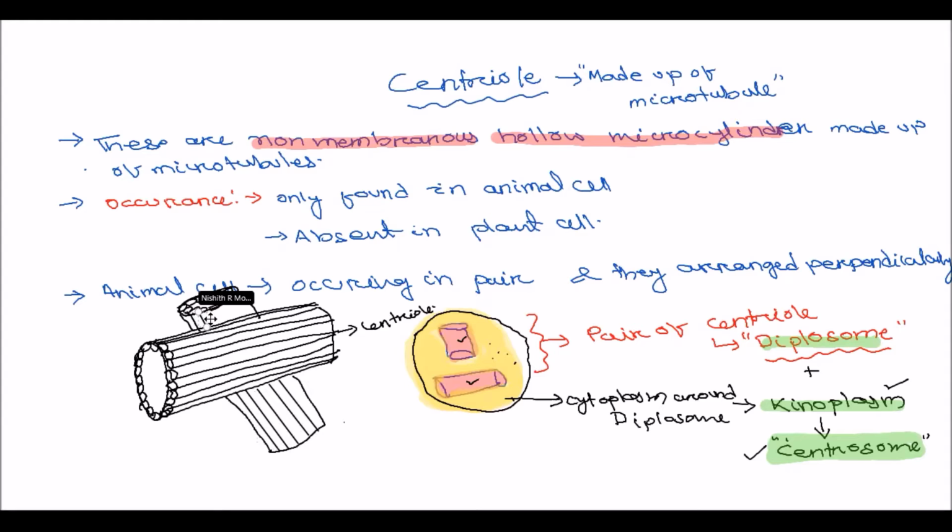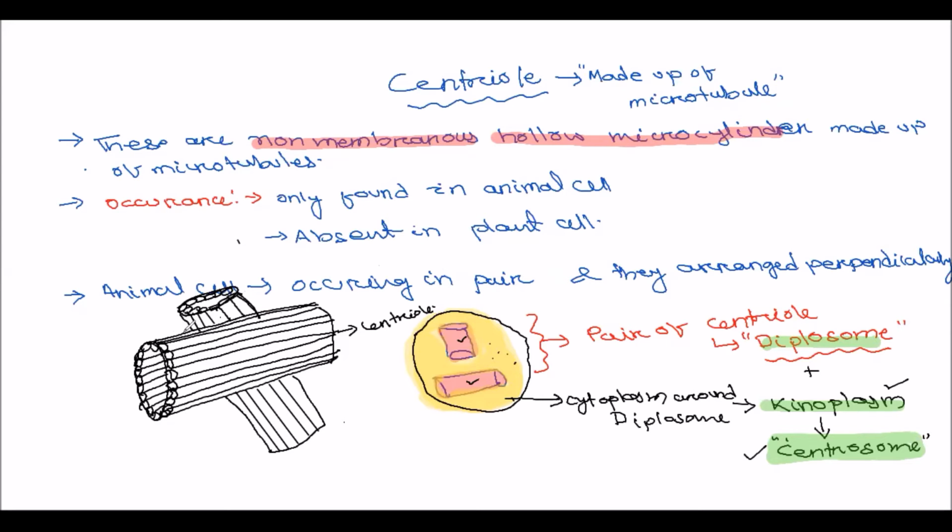So these are the walls of the microtubules. Okay, so these are arranged perpendicularly, two centrioles. Right?